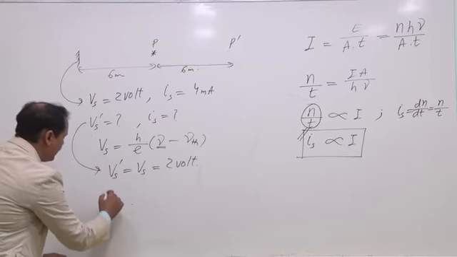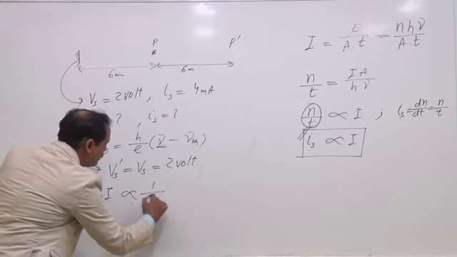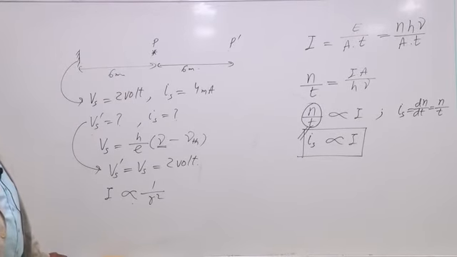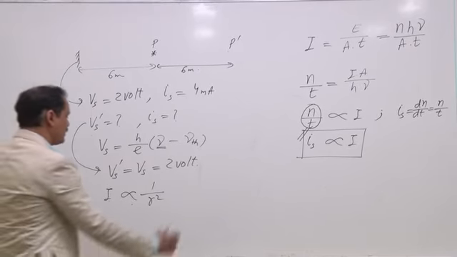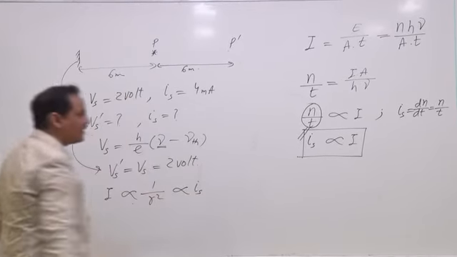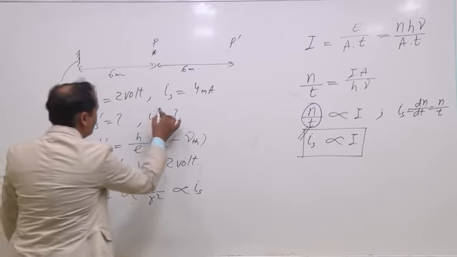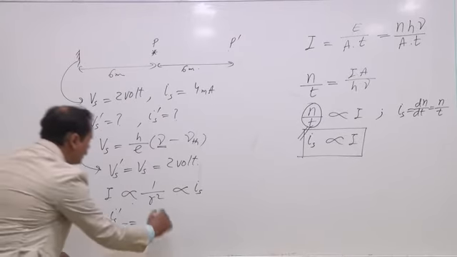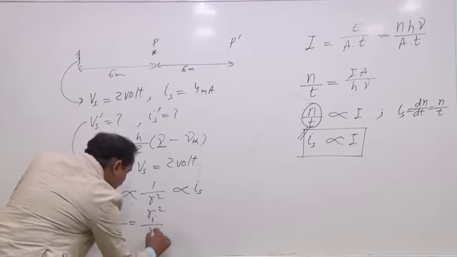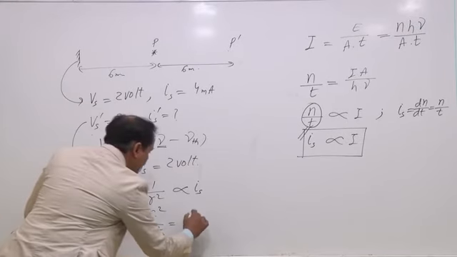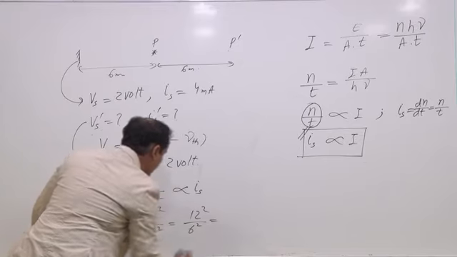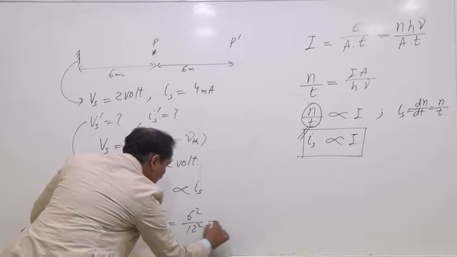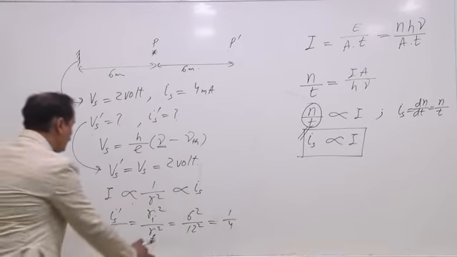For a point source of light, intensity is proportional to 1 upon R to the power of 2, that is R to the power minus 2. Intensity is inversely proportional to the square of distance, and so is saturation current. Now the saturation current Is dash upon Is is equal to R initial square by R final square, that is 6 square by 12 square, that is equal to 1 by 4.